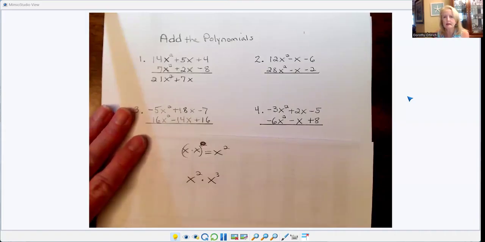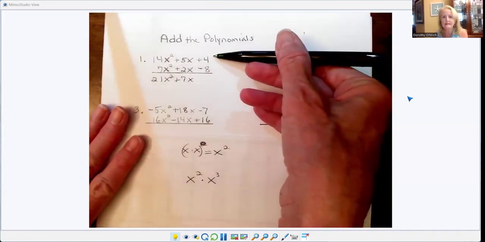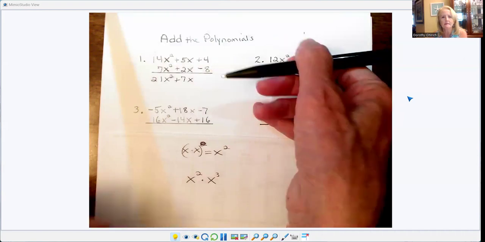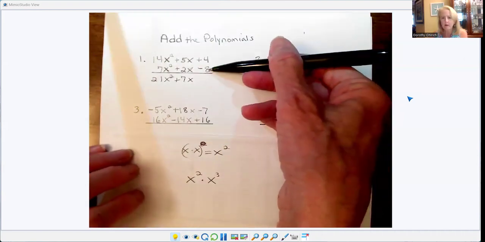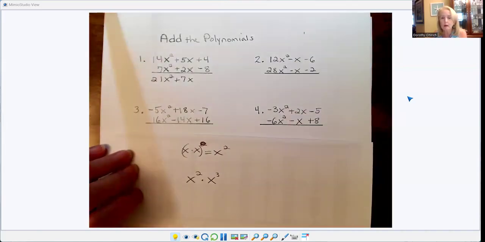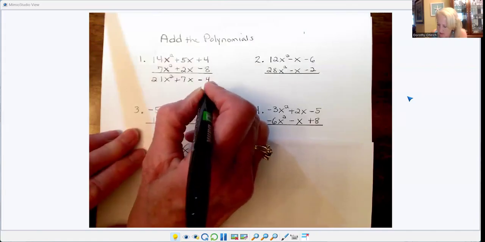4 minus 8. When you have two different signs, when you're adding and subtracting, you can think of a positive number as cash in my pocket. That's a positive thing. And the negative number is how much I owe. So if I owe $8 and I only have 4, I'm still going to owe $4 more, right? So the answer is negative.